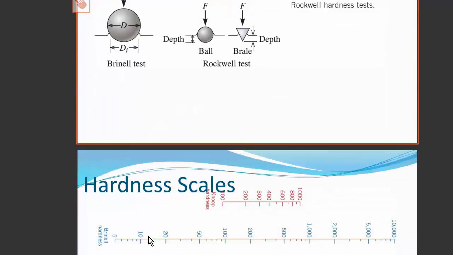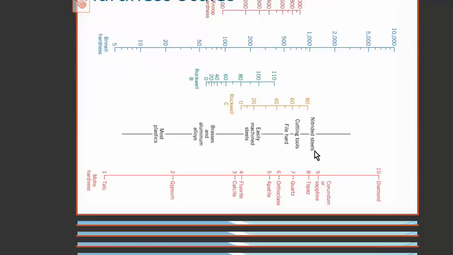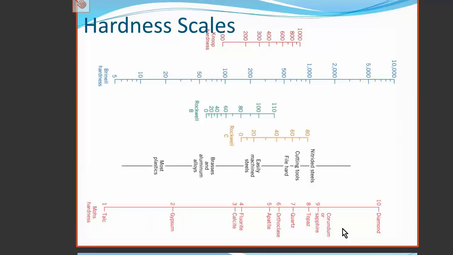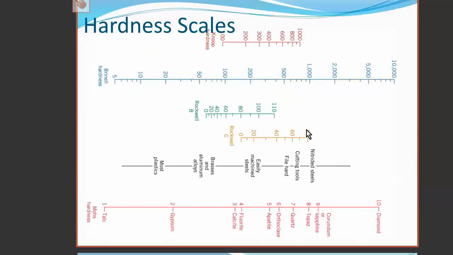Hardness units depend upon the type of penetrator, so it could be a ball, a large ball, or it could be a diamond Brale. And we get different hardness tests for that. So we've got the Brinell test and then the Rockwell tests.